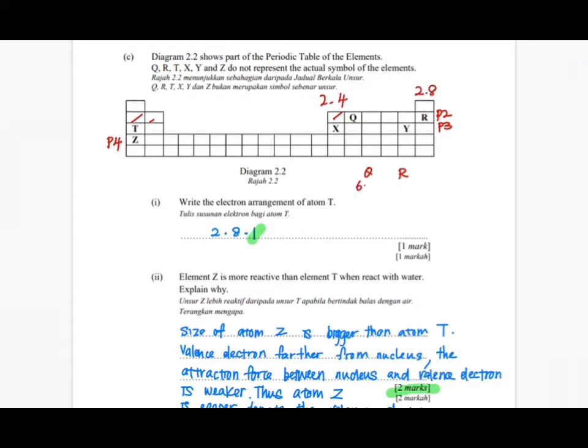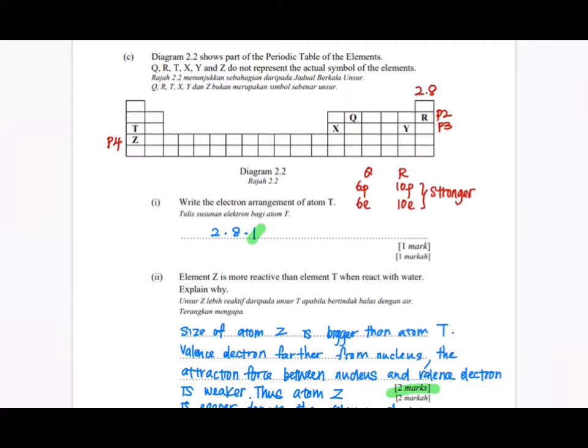So Q has 6 protons and 6 electrons, R has 10 protons and 10 electrons. Across the period, the element that has more electrons and protons will have a smaller atom size because the attraction force is stronger. So the size of atom Q is bigger than R.